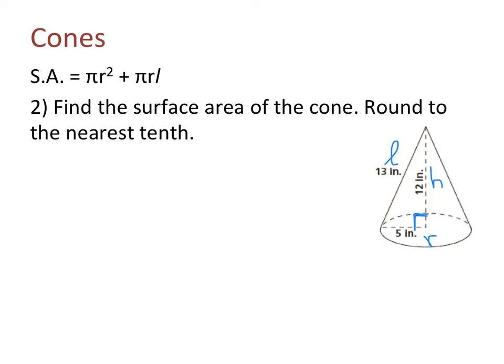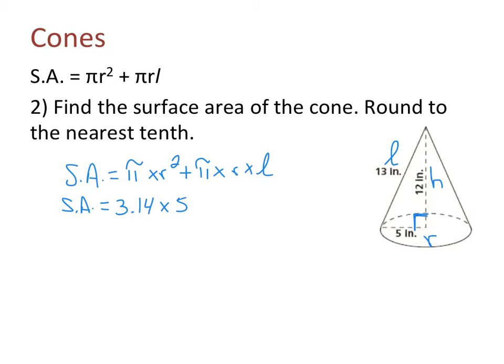All right, so let's write out that surface area equals pi times the radius squared plus pi times the radius times the slant height. And we're going to plug in what we know. So surface area equals 3.14 times 5 squared plus 3.14 times 5 times 13.